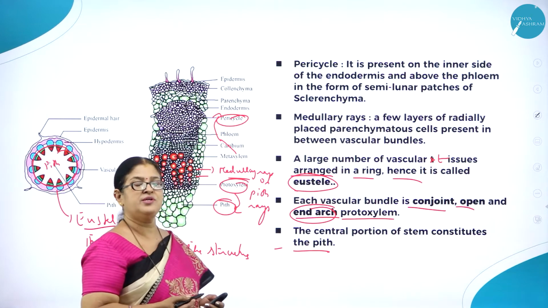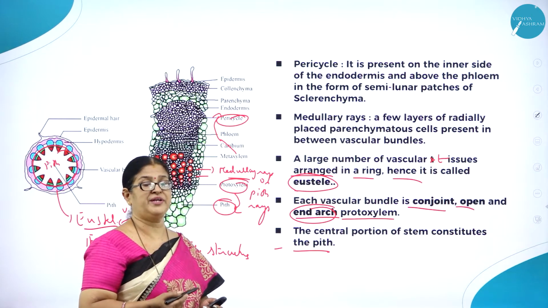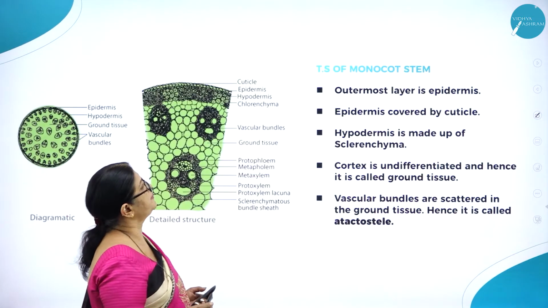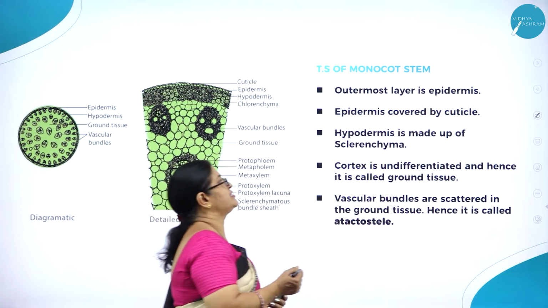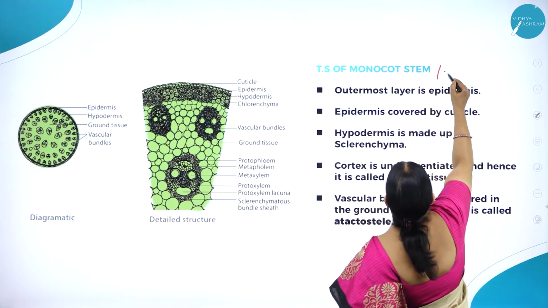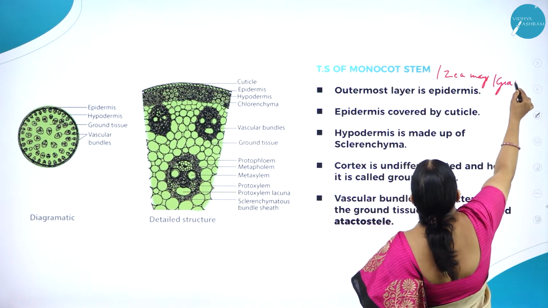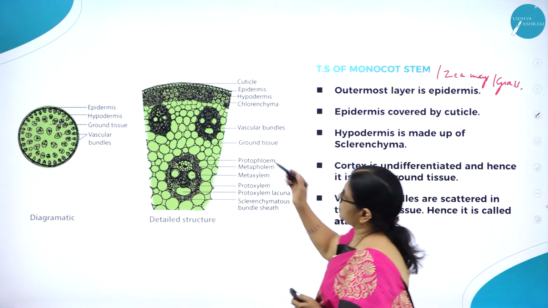Let us move on to study how the TS of monocot stem differs from that of a dicot stem. What is the example we are going to take? It is Zea mays, or even we can take it as grass. So this is how it looks.